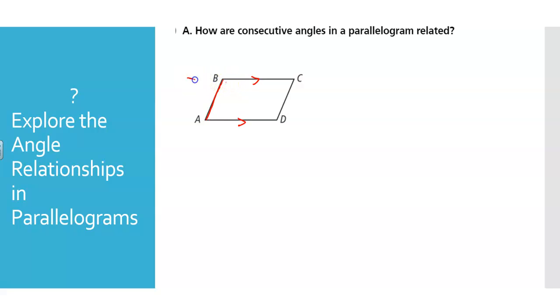So if we kind of think of those as being lines, and this being a transversal, we have an angle here and an angle here, angle B and angle A. Oh, wait, I remember that angle A and angle B are same side interior angles.